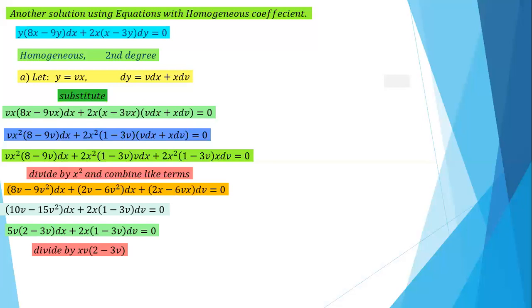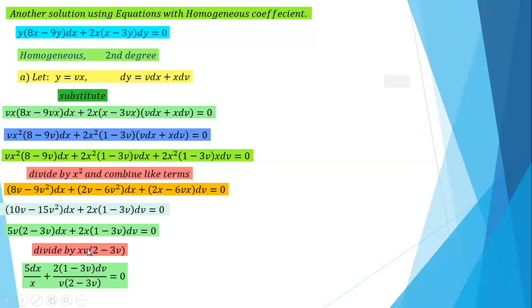Then divide by xv and 2 times 2 minus 3v. Then we have 5 dx over x. So here, v and 2 minus 3v will be cancelled out. So what is left is 5 dx over x.